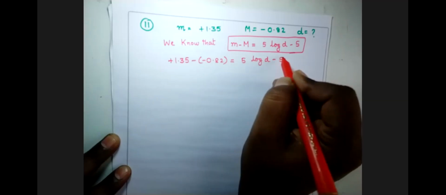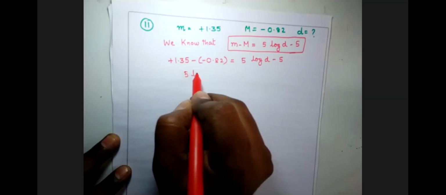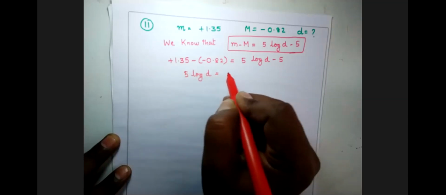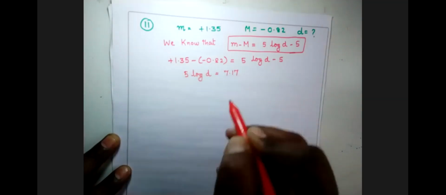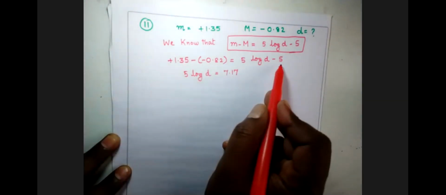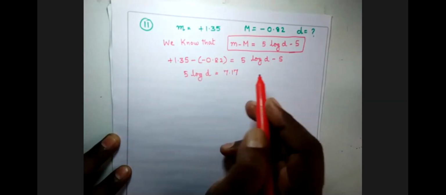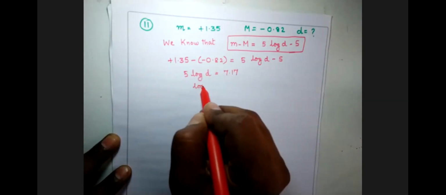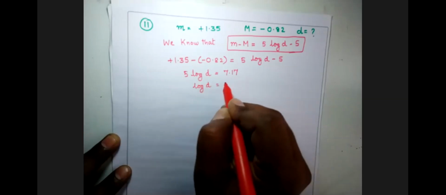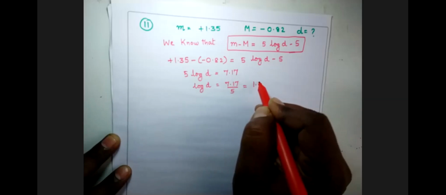Solving this, 5 log D is equal to 7.17. Adding these two and taking this 5 to the left side becomes plus, so we get 7.17. Therefore, log D is equal to 7.17 divided by 5. This comes out to be 1.434.